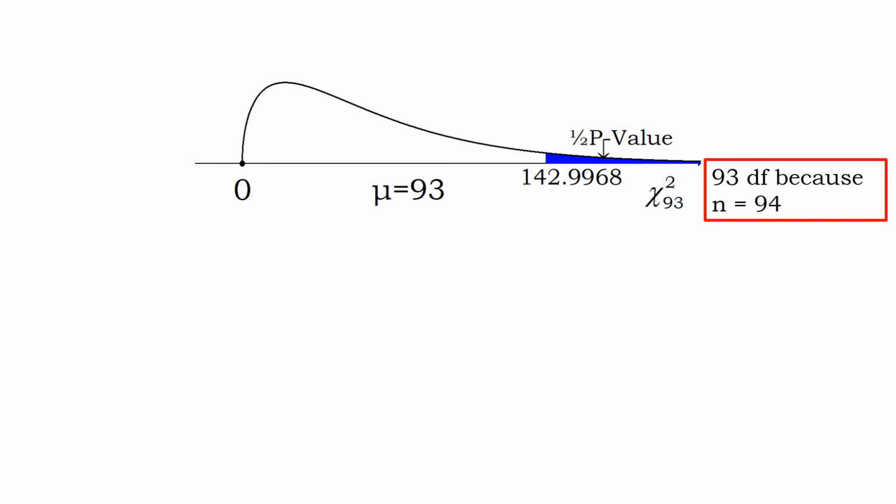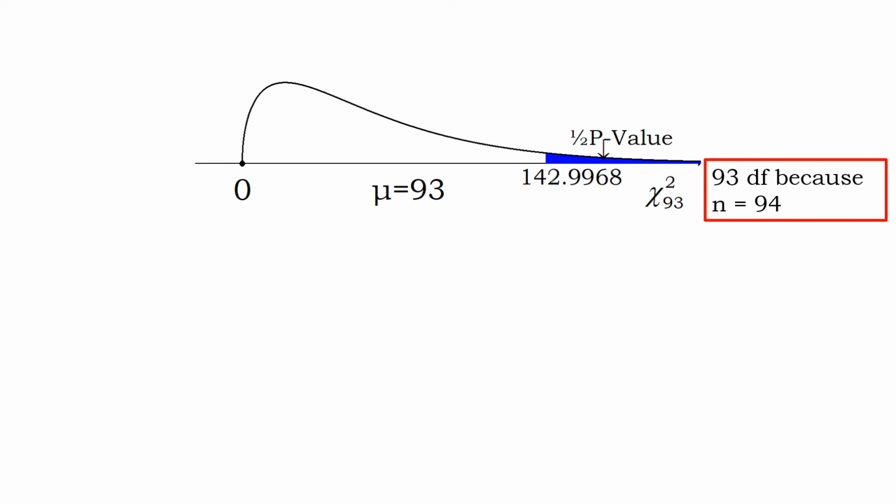So we would be equally convinced if we had a small chi-squared score, something like maybe 65, I don't know. We don't even care what the exact equivalent of being too low would be to 142.9968 being too high. All we care about is that if we were on the left side of the graph, we would be equally convinced at some point.